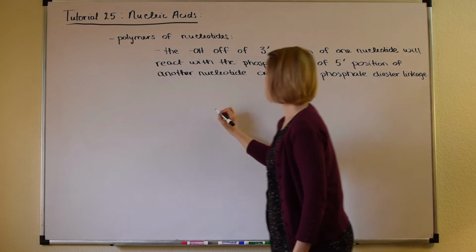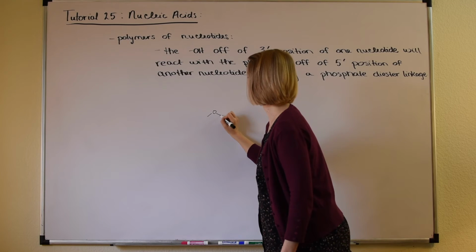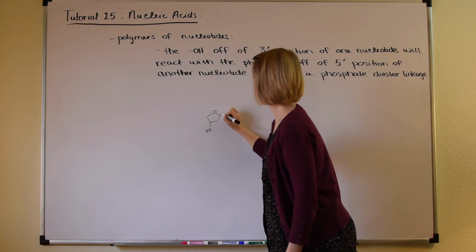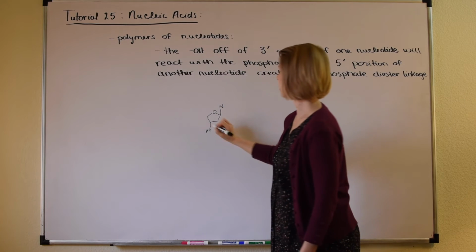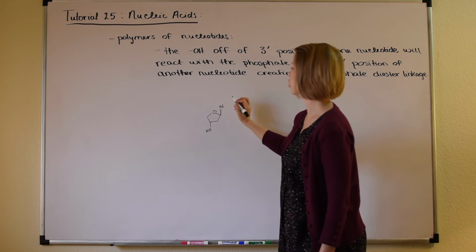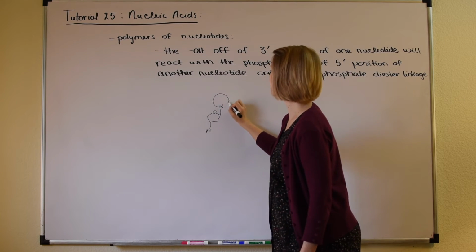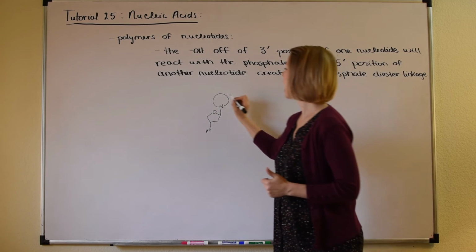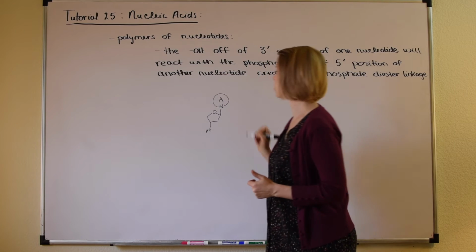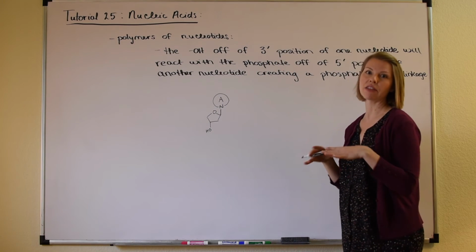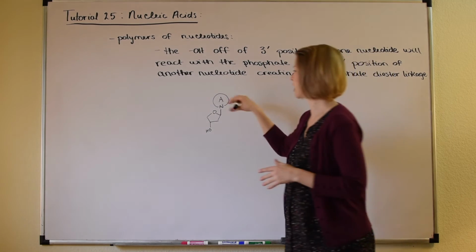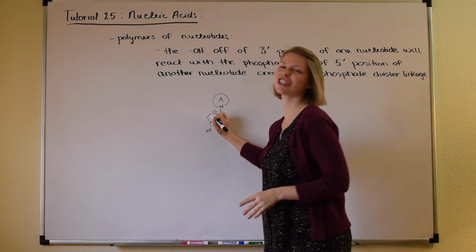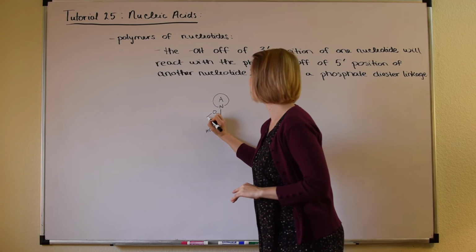Okay, so let's pick deoxyribose for our sugar, and let's just keep the base generic in our drawing, and then I'll just write an A here so that we know that that's representing the base adenine, but it takes kind of a long time to draw them all. We're going to be drawing a lot of them here for our polynucleotide chain, so I'm just going to be a little bit generic there.